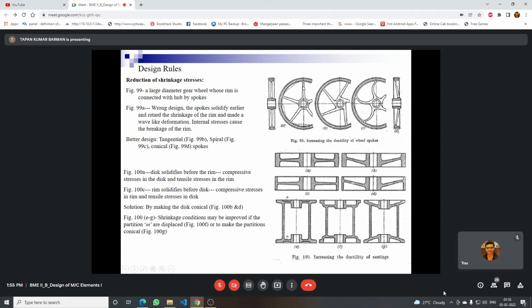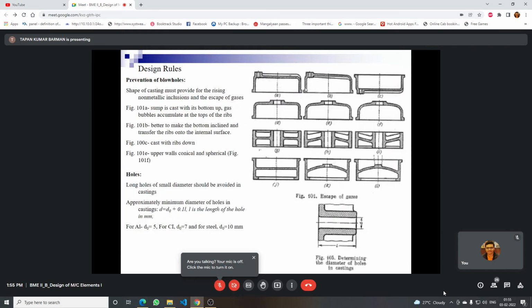If we try to maintain this, extra material should be provided there, so that the breakage at this position, the junction of the arm with the pulley rim, may be avoided. Okay, so this way you will find different design considerations. There is one full chapter on these manufacturing aspects of casting operation.